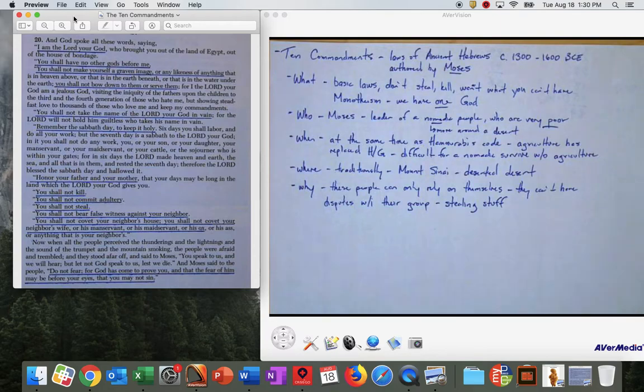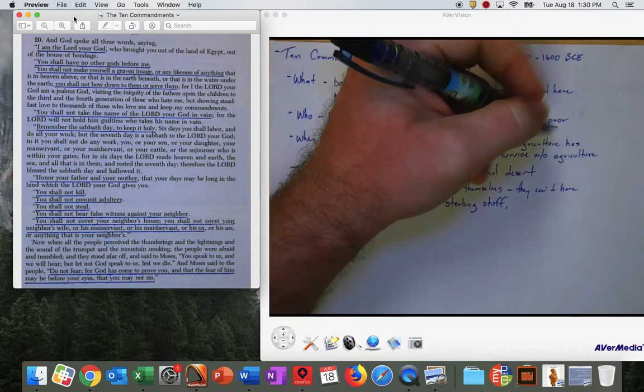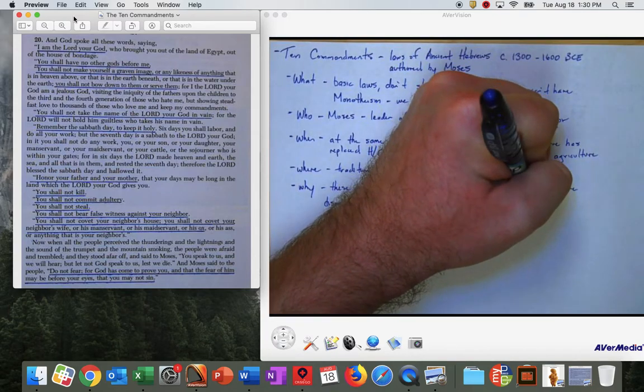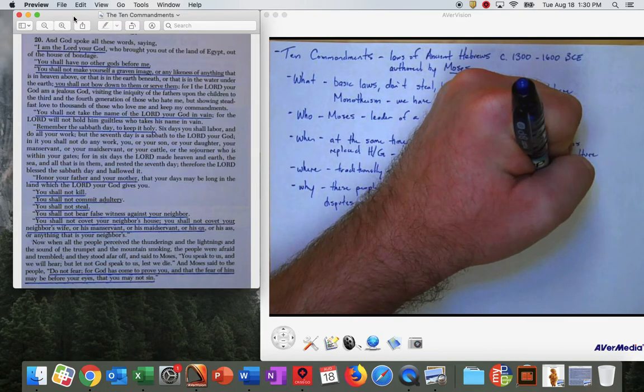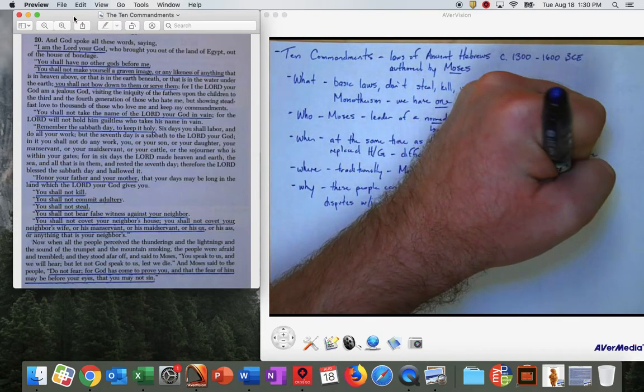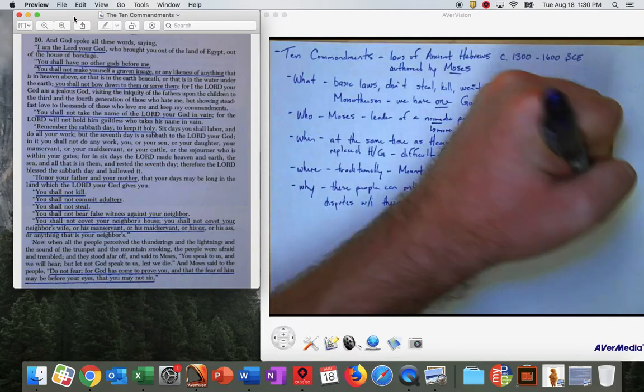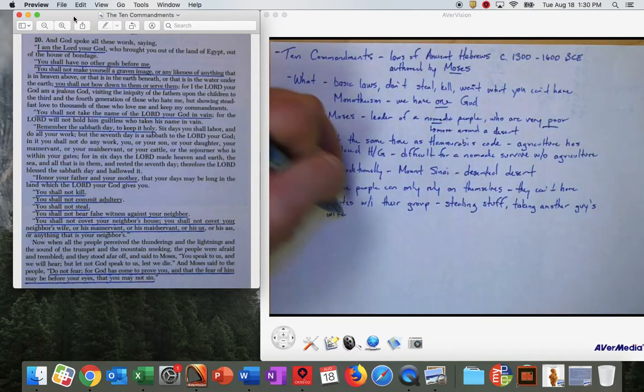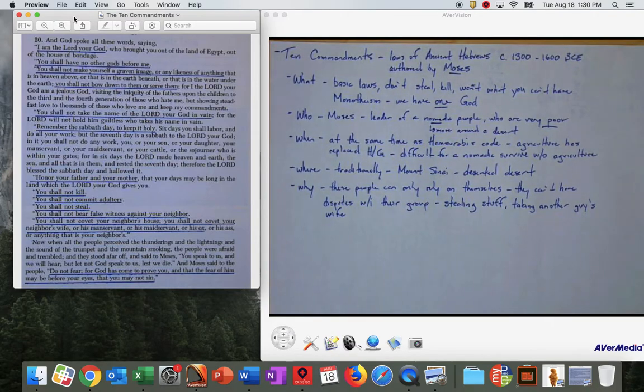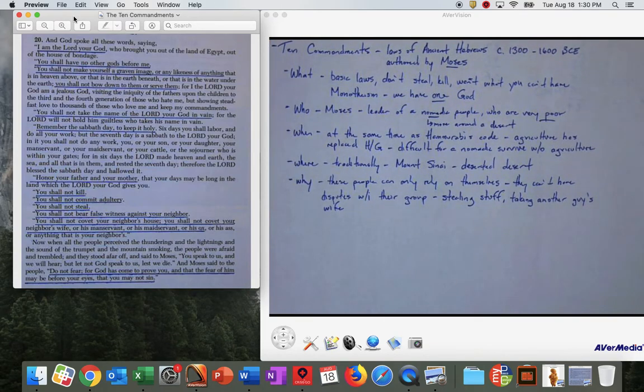They can't have disputes over taking someone's wife. They have to rely on themselves. These rules are there to keep this group together.